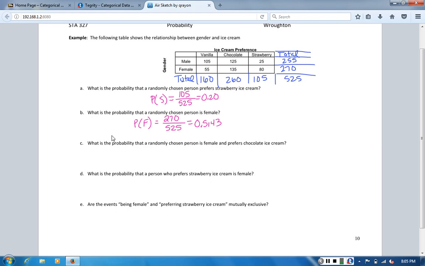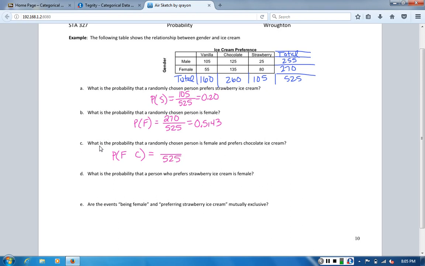Now we'll get a little bit more complicated. What is the probability that a randomly chosen person is female and prefers chocolate ice cream? Well, I know I'm looking at two different things. I'm finding female, chocolate. That's where sometimes we get confused on what symbol needs to go here. So I'm actually going to jump to already think about the calculation here. We're trying to find the probability that a randomly chosen person.